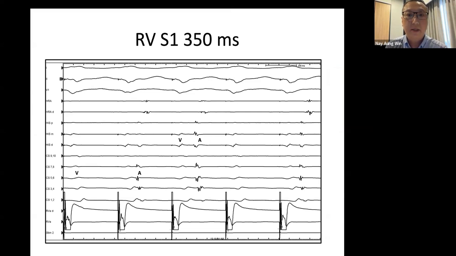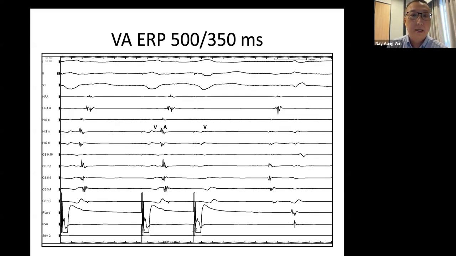RV straight pacing at 350 milliseconds shows a fast pathway when V to A goes through, with a VA jump with the earliest site at CS 5-6, and the second paced beat was blocked, and on the third paced beat V to A goes through the fast pathway, with the earliest site at the His. And during the retrograde conduction, the VA interval was decrementing, and the VA ERP was at 500-350 milliseconds.